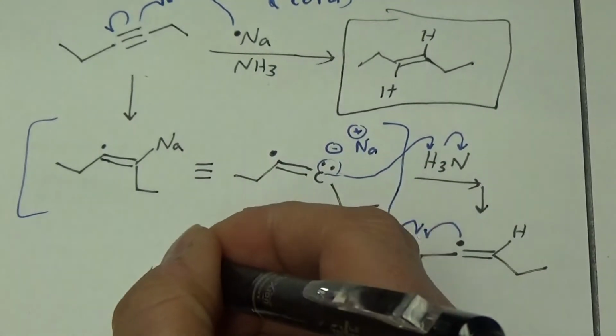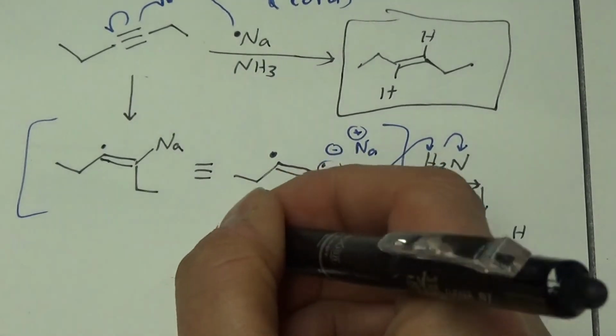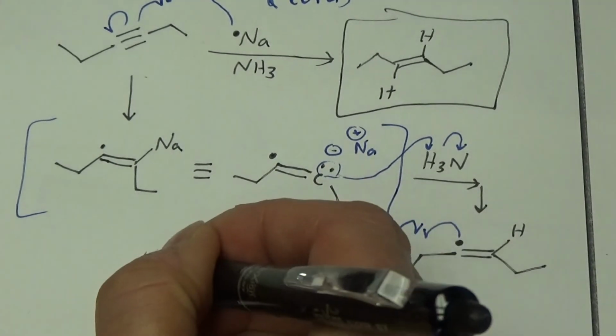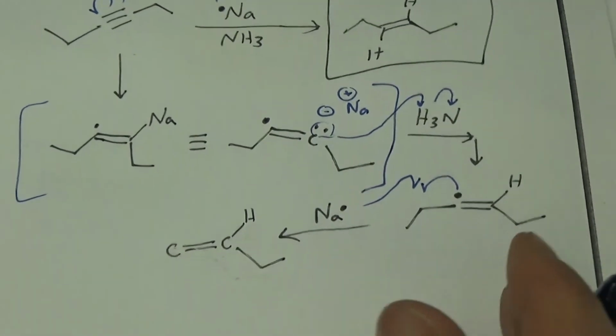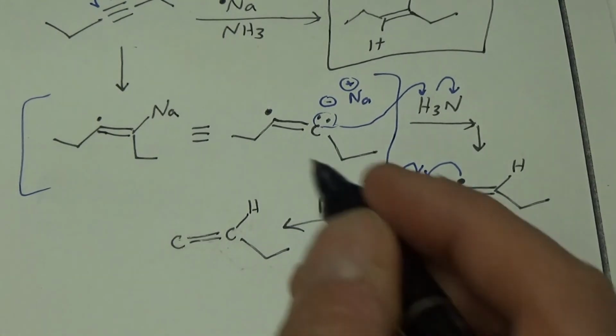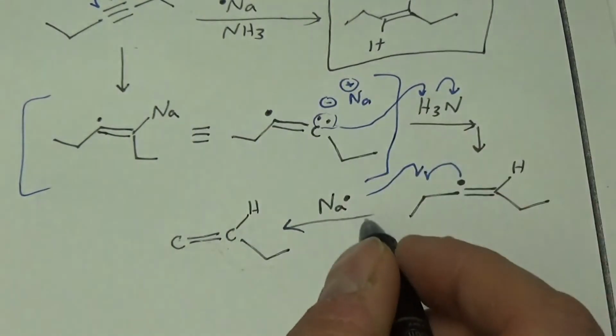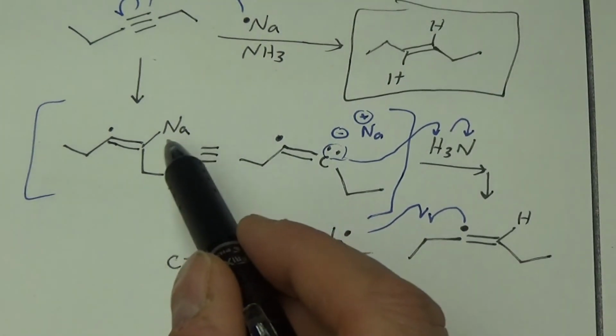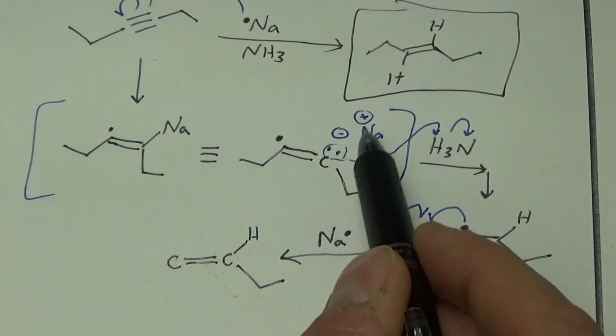I'm going to draw the carbons explicitly. Carbon, we have an H, we got ethyl, we got a carbon, and now when the sodium attaches, it's either covalent, with a little bit of covalent character and a little bit of ionic character.